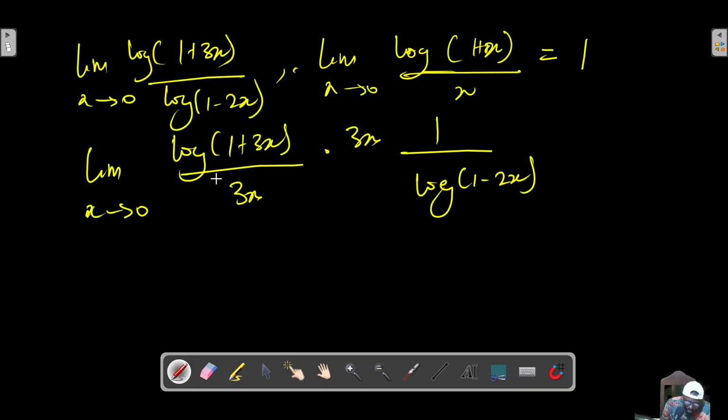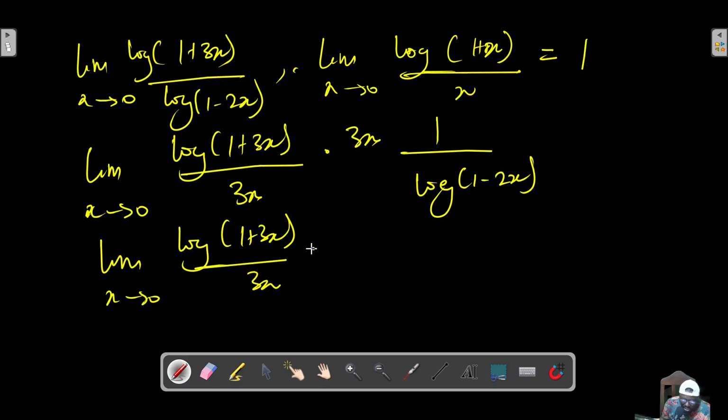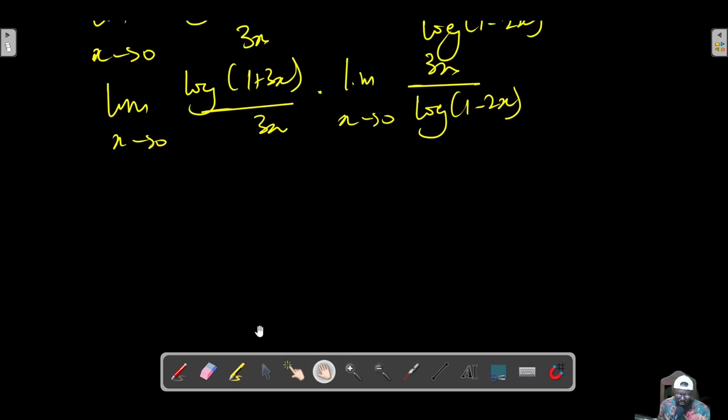So I know that the limit of this particular expression will be 1. So the limit as x is approaching 0, applying the product rule, of log(1 + 3x) over 3x, times the limit as x is approaching 0 of 3x over log(1 - 2x). So this is 1. So I have 1 multiplying the limit.